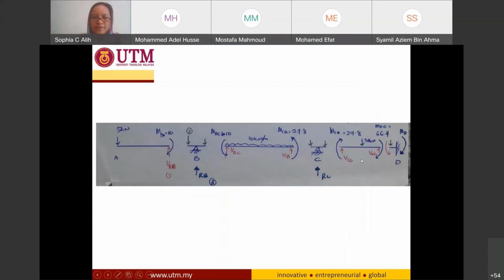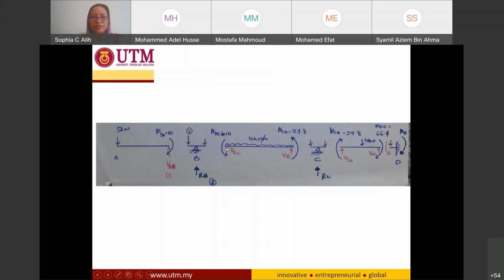Now what we do next is the same as what we have already done before. We are going to calculate the support reaction, because once you get the support reaction, only then can you prepare your shear force and bending moment diagram. So in order to calculate the support reaction, I have to balance the reaction from the other end of my member to the support.